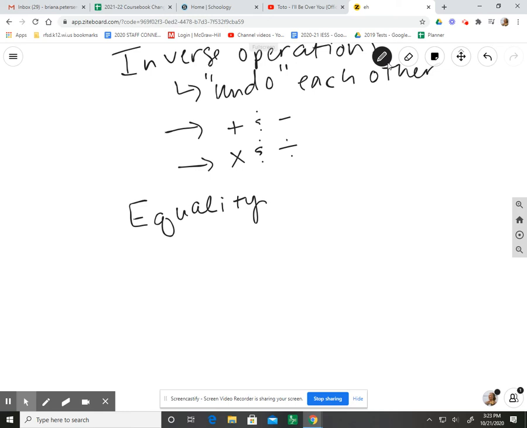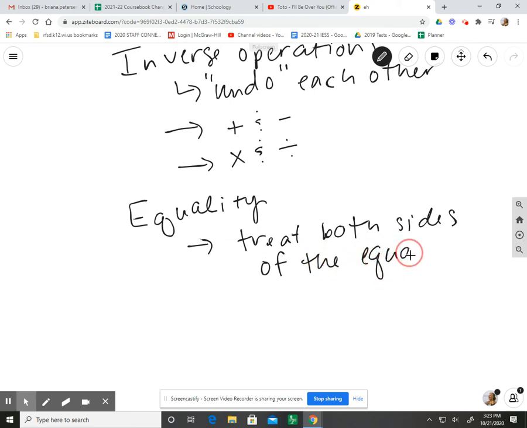We have a left side and a right side, and we have to treat both sides the same. That way things stay equal. So if we add 2 to the left side of the equal sign, we add 2 to the right side.